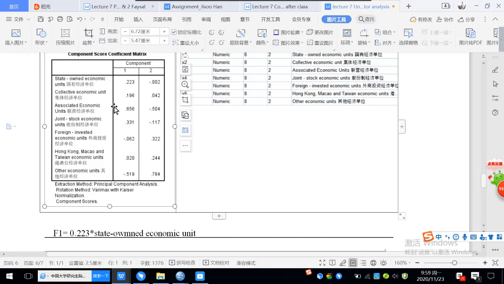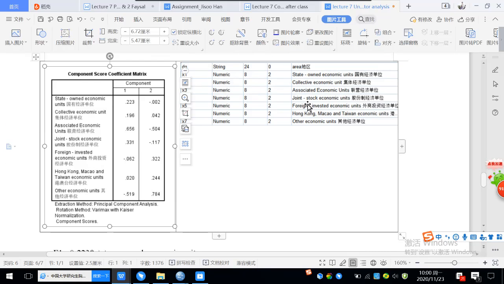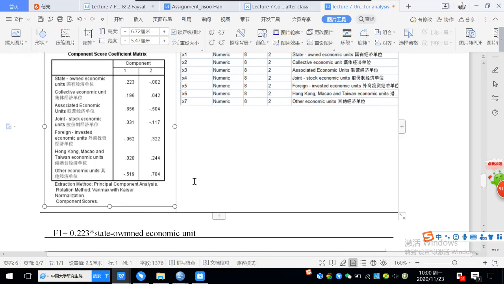Okay, so state-owned economic units. State-owned economic units is x1.